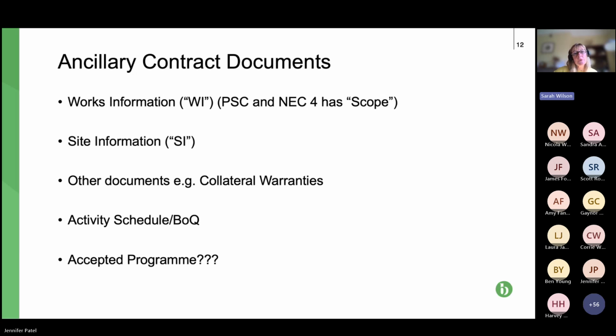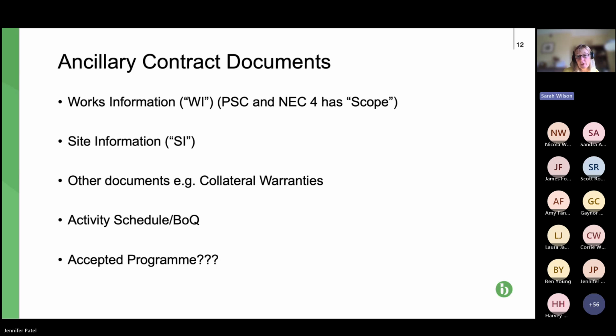We will look at that in more detail when we look at compensation events, which I think is February next year, 2026. Don't get too excited because it is quite limited, but there is the option there, unlike JCT, where ground conditions is just the contractor's risk.